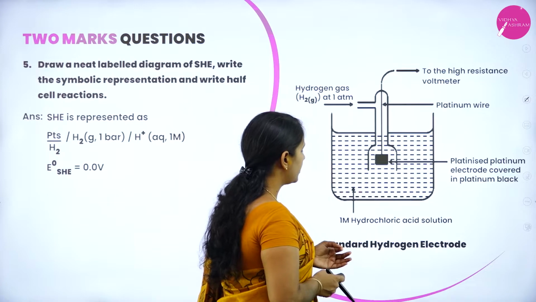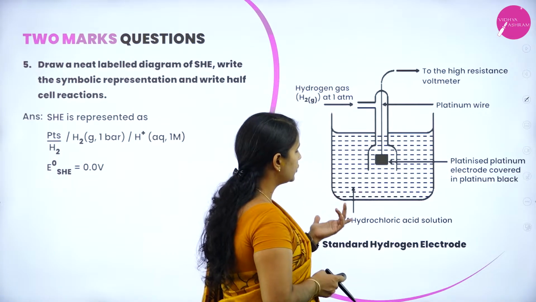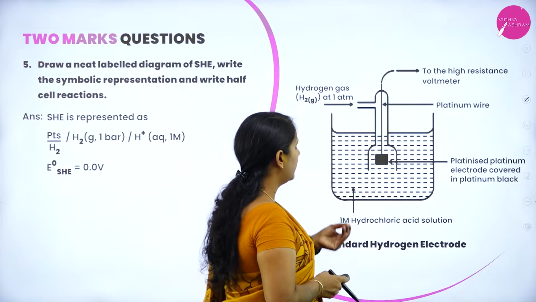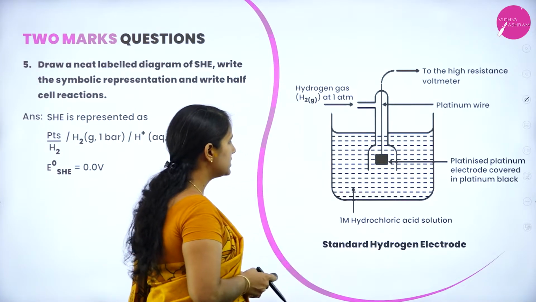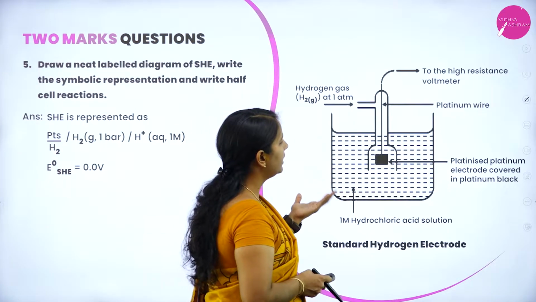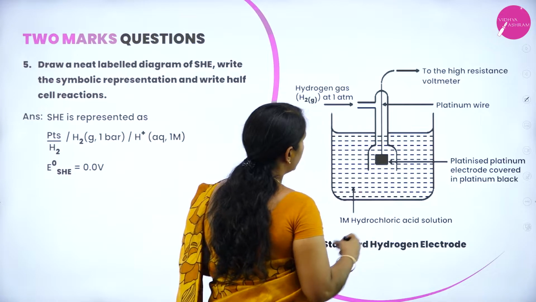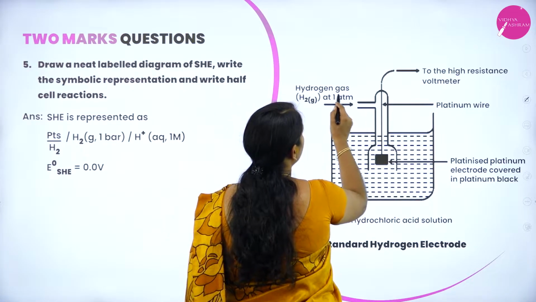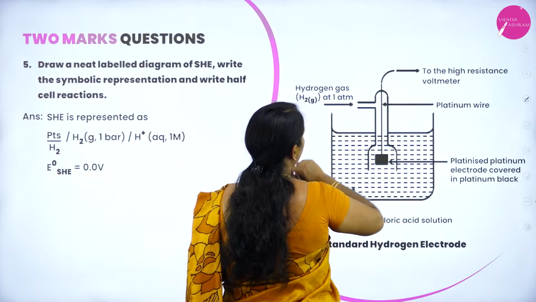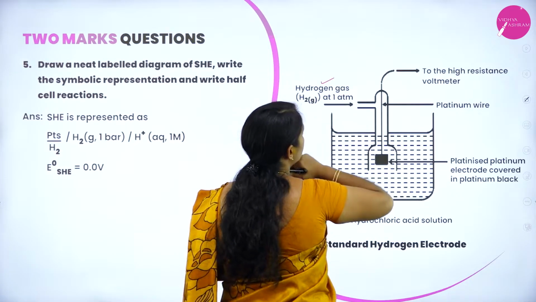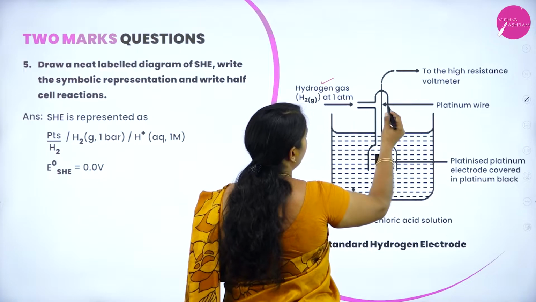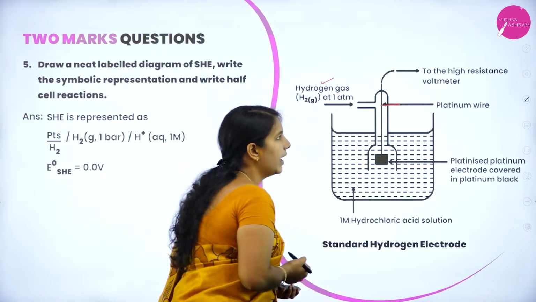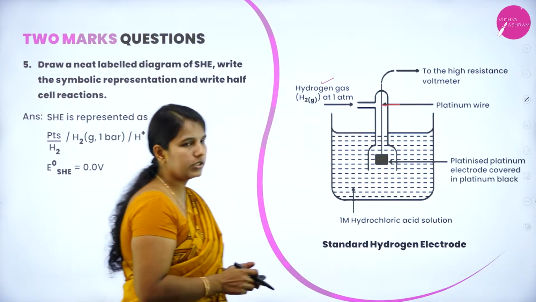The standard hydrogen electrode can be constructed by taking a large container. In that we take 1 molar hydrochloric acid and immerse a platinum electrode which has been coated with platinum black, and we have an opening in this electrode for pumping the hydrogen gas, and this is a platinum wire, you can see that, and we have a high resistance voltmeter to measure the potential.